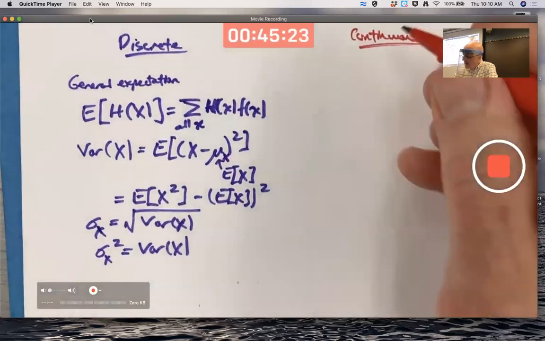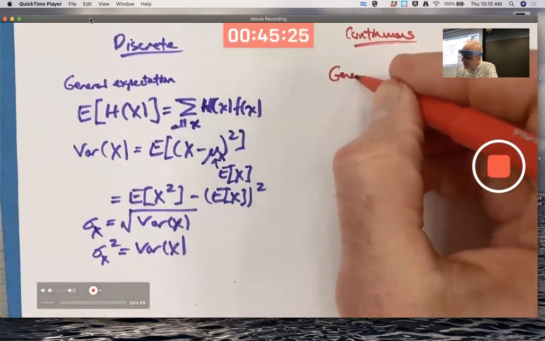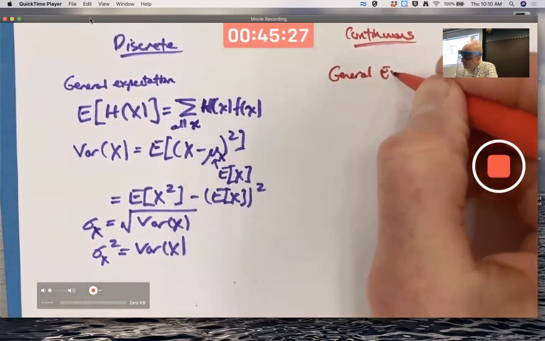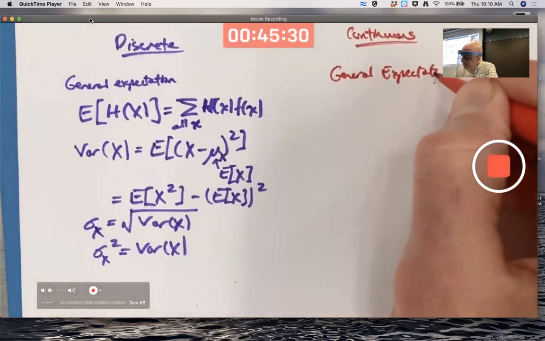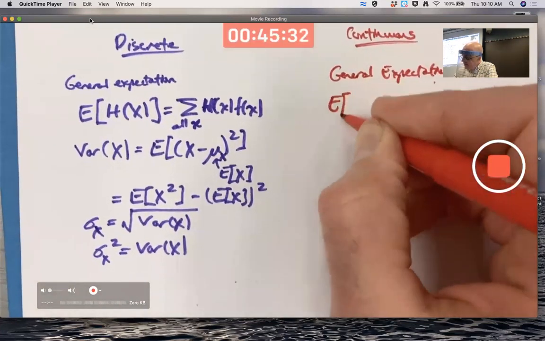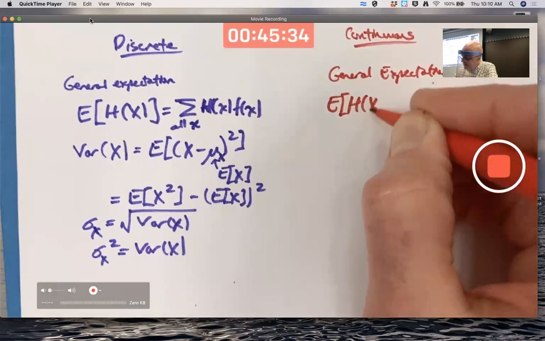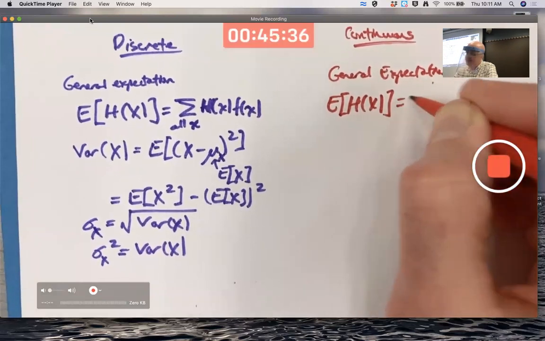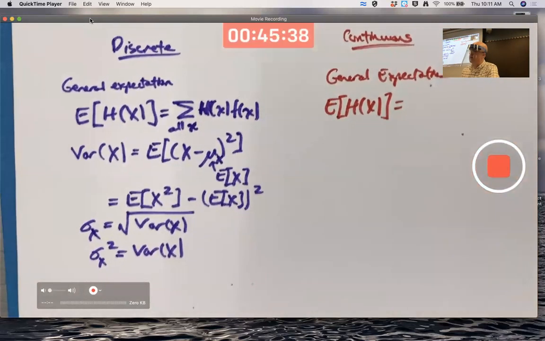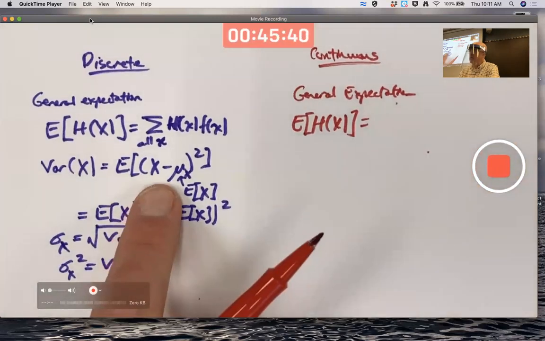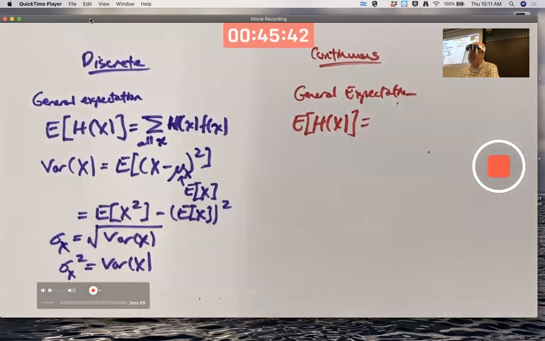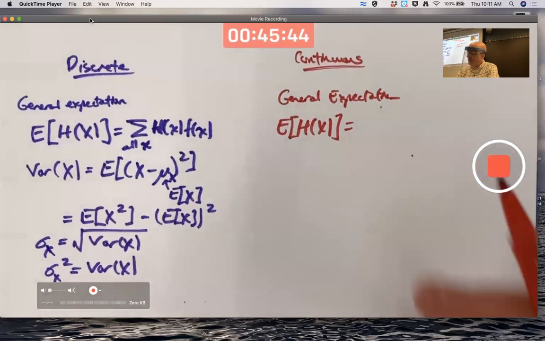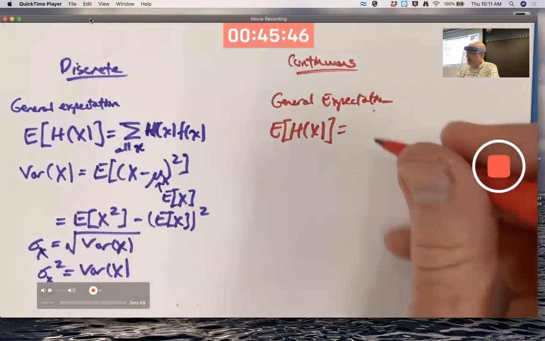What about the continuous case? General expectation. The expected value of a function of the random variable x. Once again, h of x is most commonly x or x squared, or x minus mu squared, or e to the tx. But now you compute it differently.